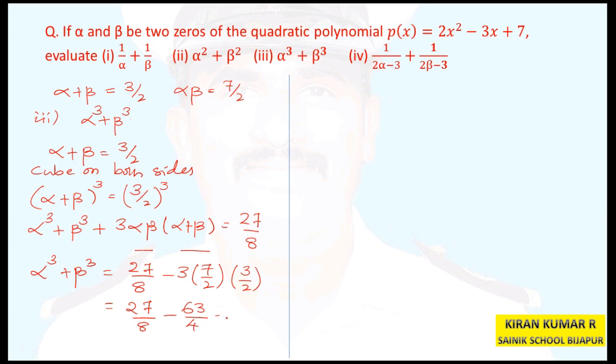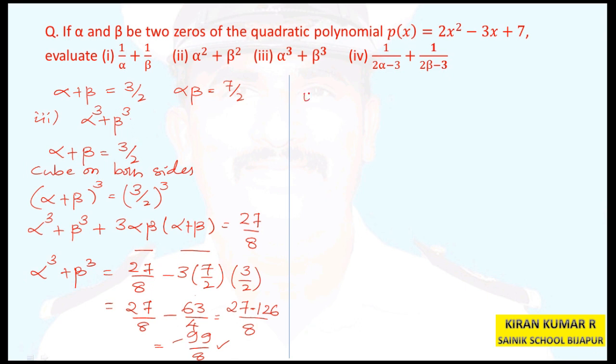This is the same as, 8 is the LCM, we'll be having 27 minus 126, which is minus 99. Minus 99 upon 8. This is the answer for alpha cube plus beta cube.